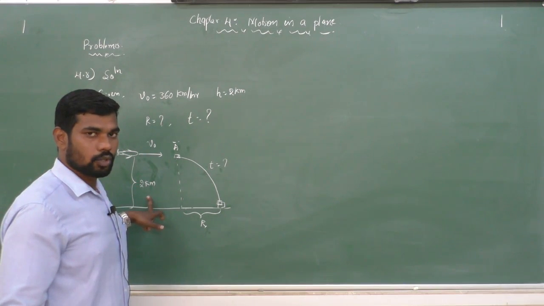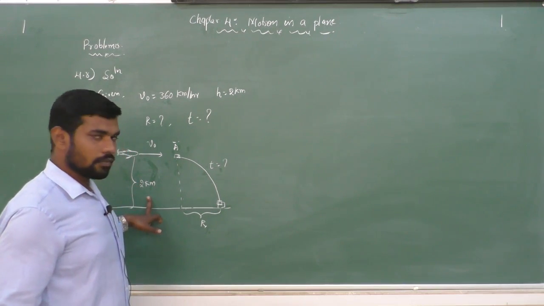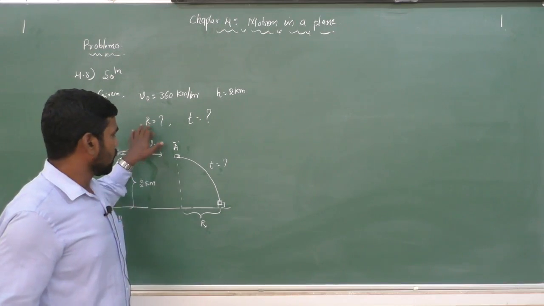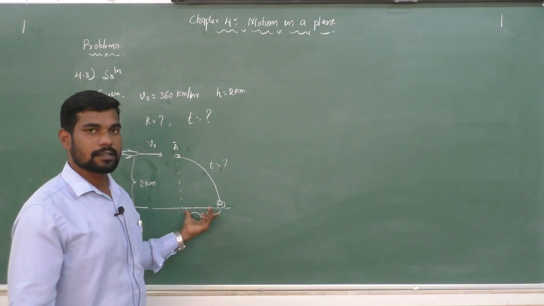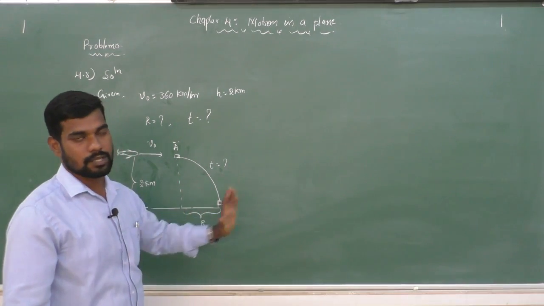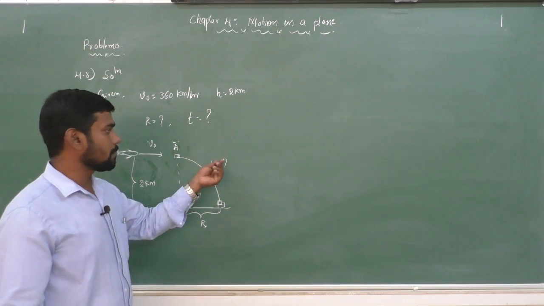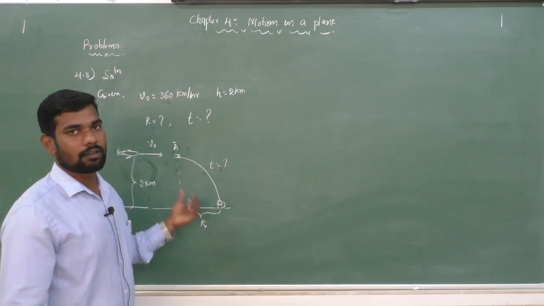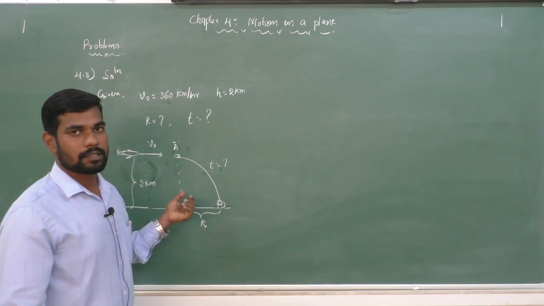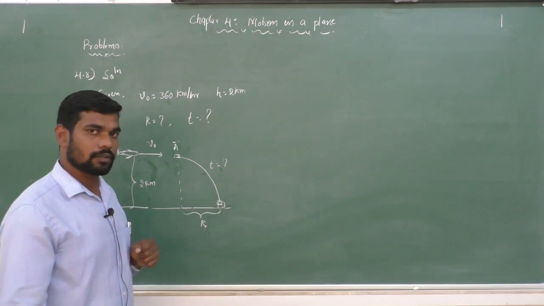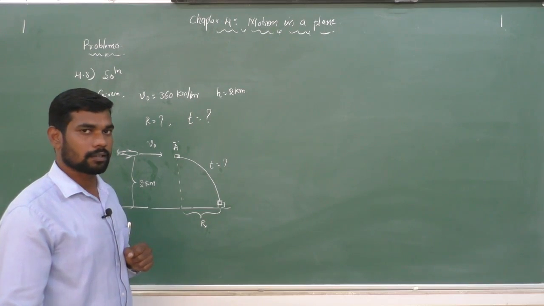We have to find the horizontal distance traveled by the food packet before it hits the ground, and similarly the time taken by the food packet to reach the ground. Clear my point?